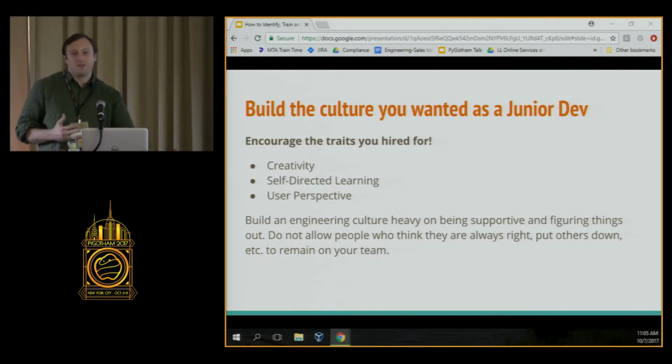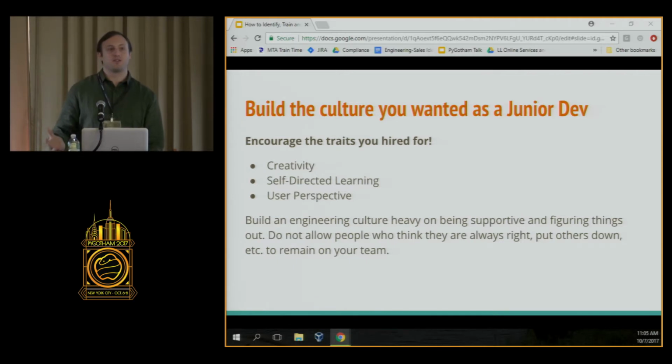Encourage them. Don't allow people who think they know the answer all the time to remain a part of your team. Those people are not going to help junior developers get better. They're just going to put them down or otherwise work around them. You don't want these people. You want a supportive culture.